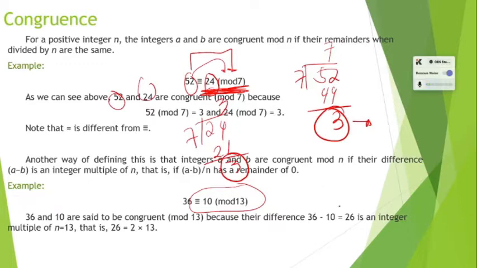So if we subtract 36 with 10, so 26, it is an integer which is a multiple of n, equals to 13. So on this one, 26 is equals to 2 times 13. Okay?